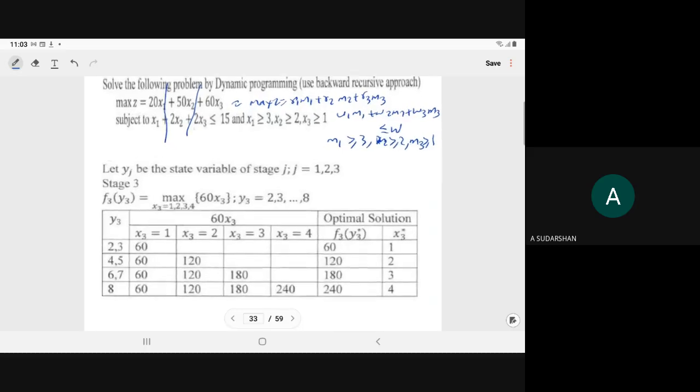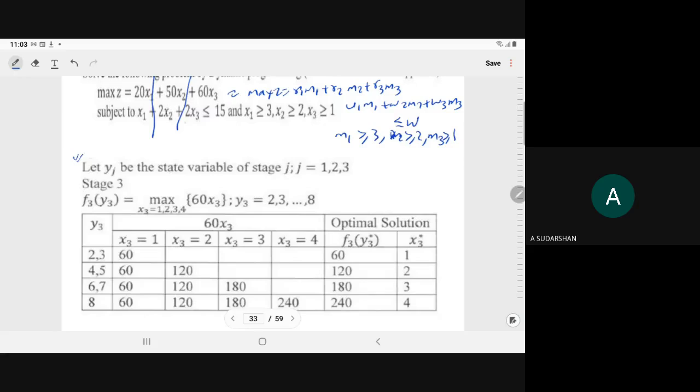Let yj, j equal to 1 to 3, be the state variable for stage j.